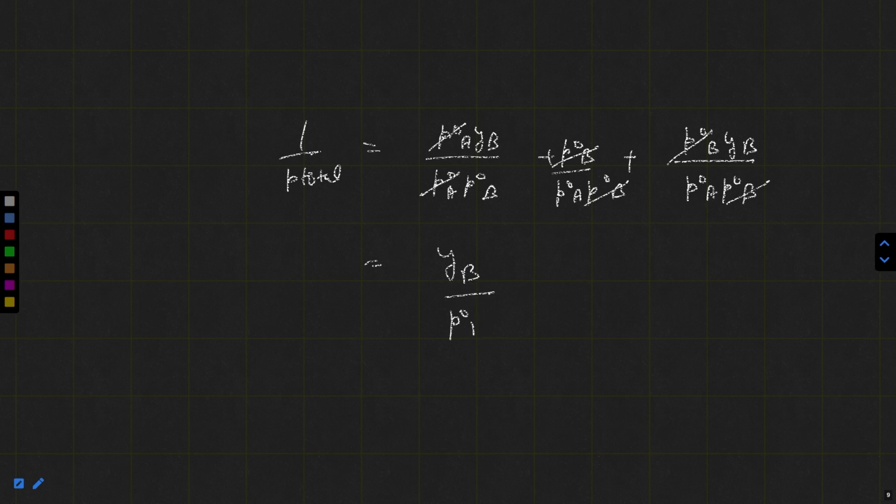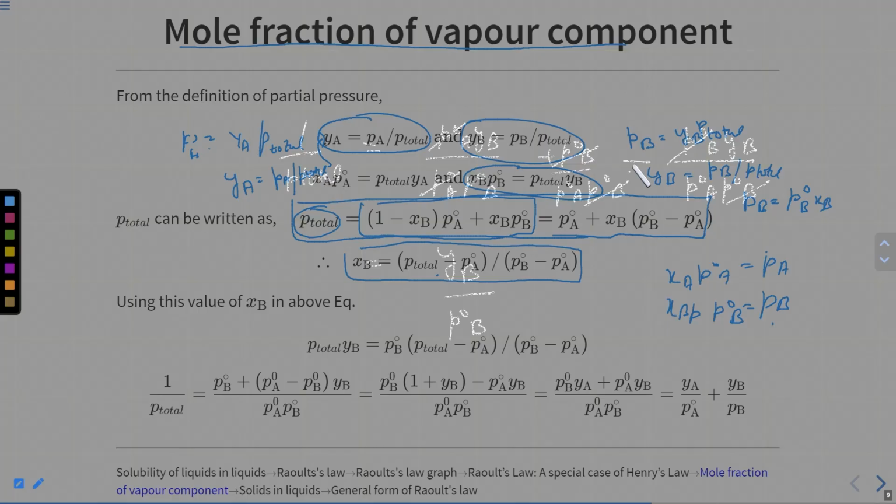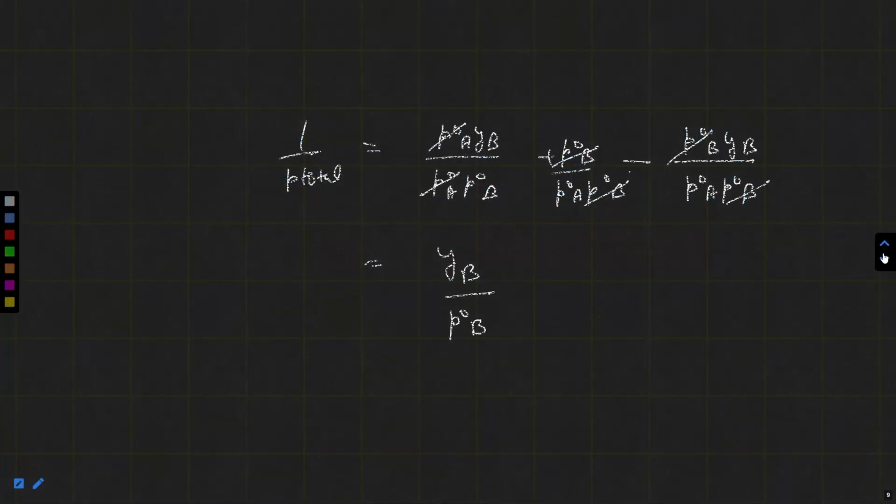YB by P naught B minus YB by P naught A plus 1 by P naught A. And what is this?